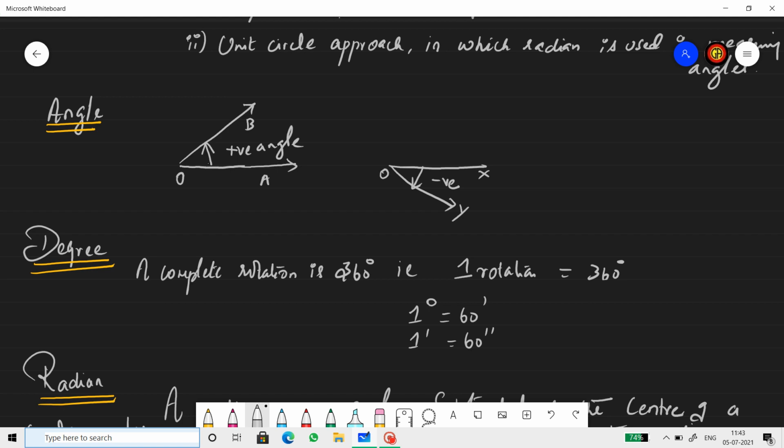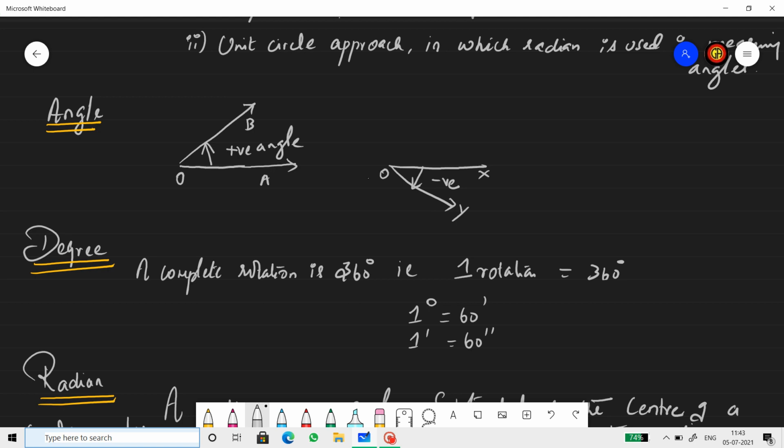The path traced by that line, if measured in anti-clockwise direction, is called an angle. A revolving line rotates and stops at a point. The angle traced by it is a positive angle because it is measured in anti-clockwise direction.